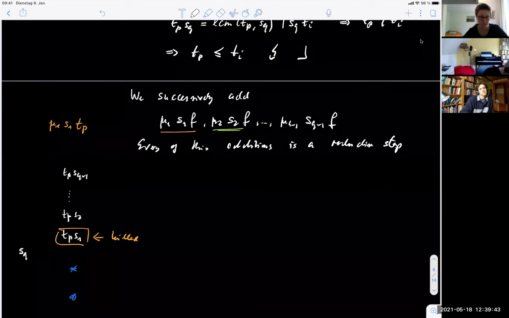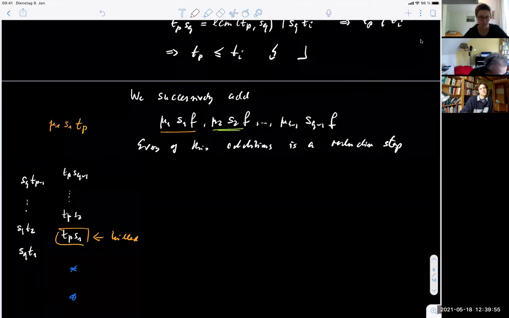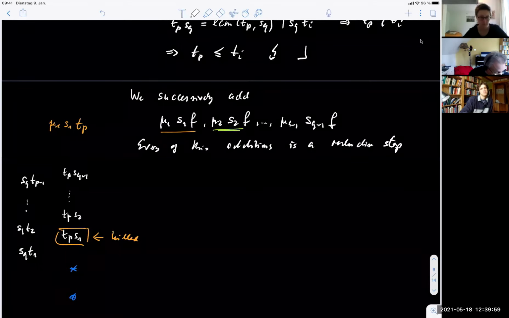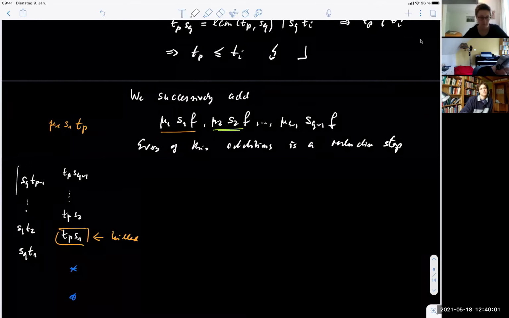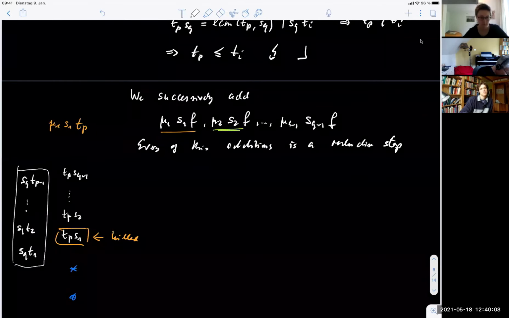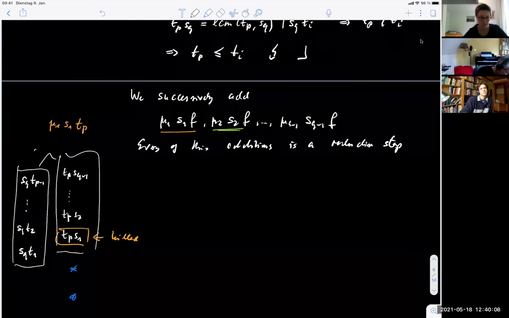There, SQT1, SQT2, blah, blah, blah, SQTP minus 1. They are here. I see them like as a different column. And so what's the point now? We know, I mean, those here, they are disjoint from this, disjoint.